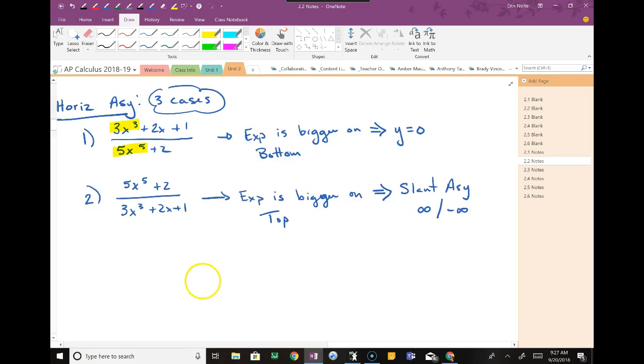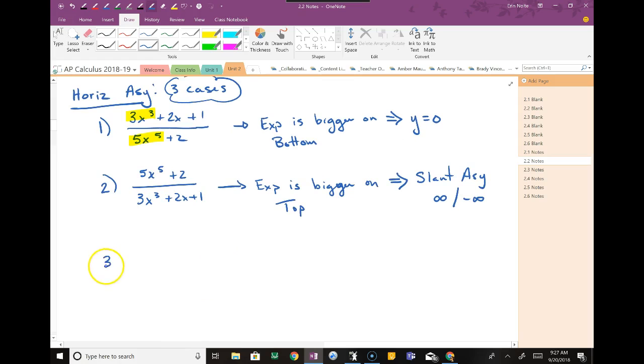Okay, and so our last case is what? They're the same. When they're the same. So for example, if I have 3x to the third plus 2x plus 1 over 5x to the third plus 2. So exponents are the same.